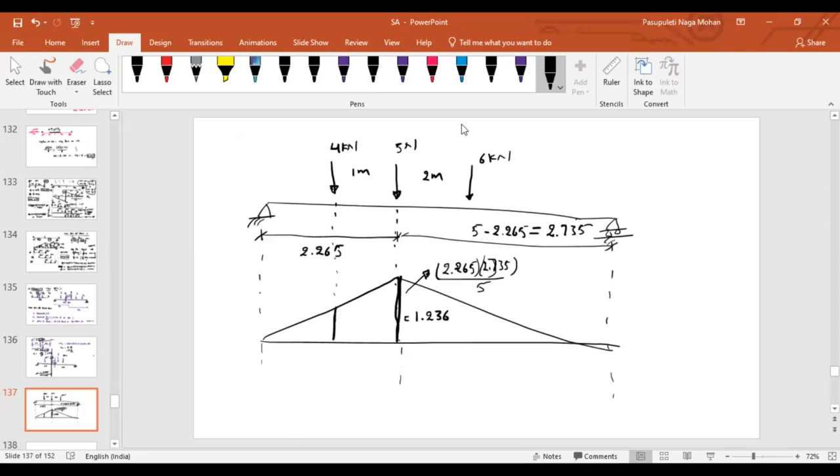Similarly, you can find out the ordinate corresponding to 4, and the ordinate corresponding to 6. Then can you find out what is the maximum?